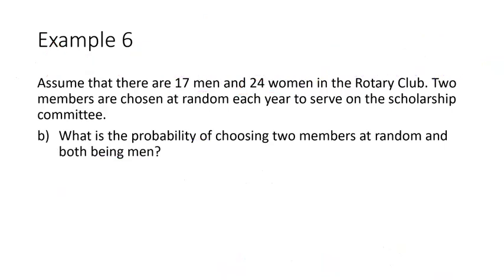Let's do one more of those. Still looking, 17 men, 24 women. I'm still selecting people for a committee. This is still dependent because I'm not going to select the same person twice. This time they want to know the probability of choosing 2 members and both being men.